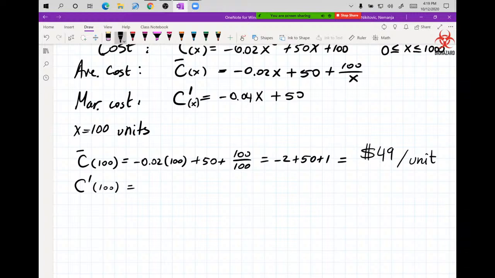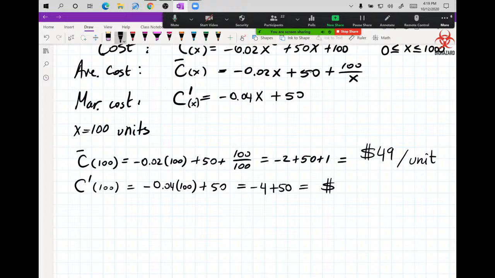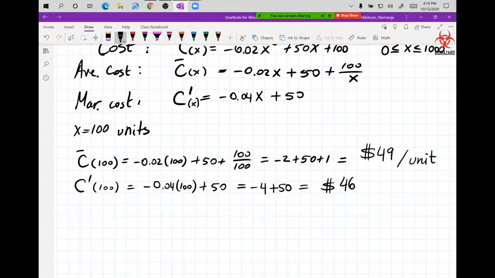That's going to be negative 0.04 times 100 plus 50, and this is going to be negative 4 plus 50, which gives me the marginal cost of $46. Now, it's not $46 per unit. It is $46 for the 100th unit.